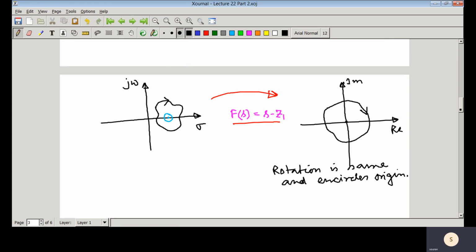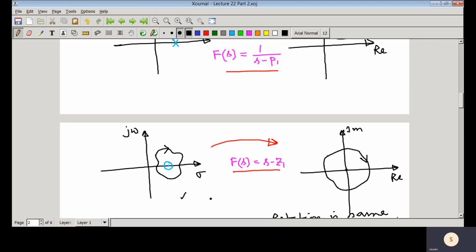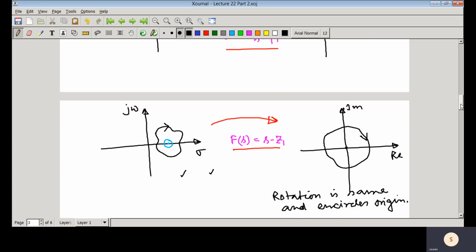The difference between this particular case and the earlier case is that there the contour does not encircle the zero, and here it encircles the zero. So whenever it encircles the zero, the direction of rotation remains the same, but then it encircles the origin.